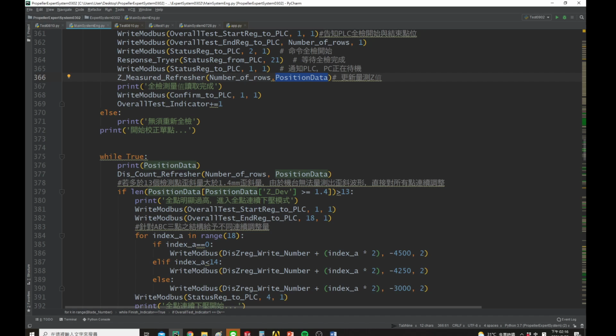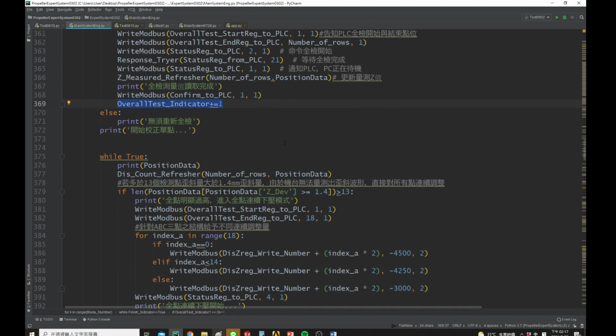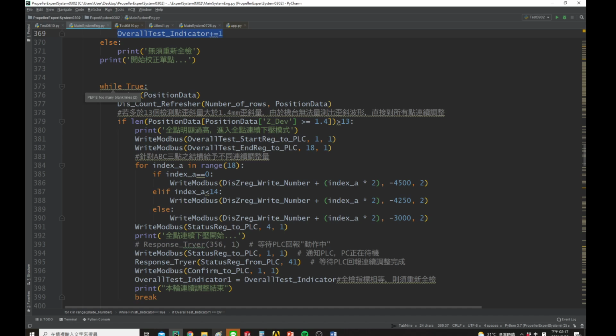Here I print out that the overall test is done, and then the overall test indicator increases by 1.